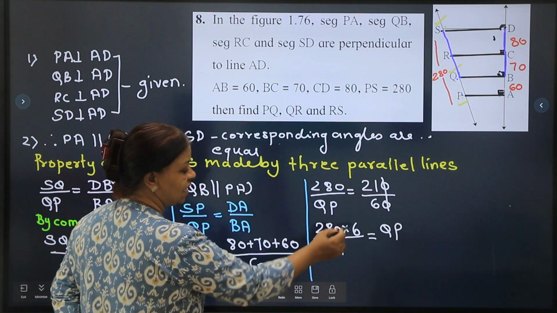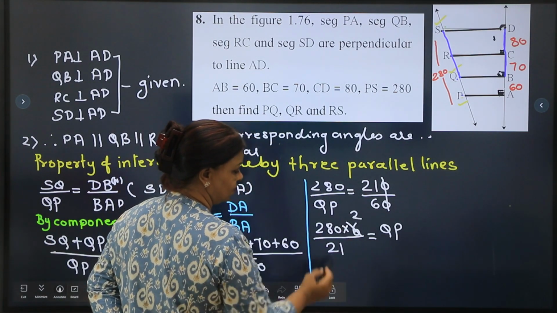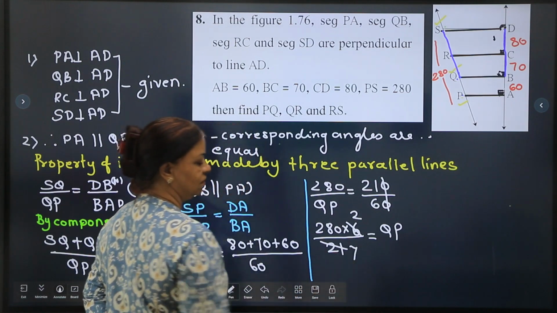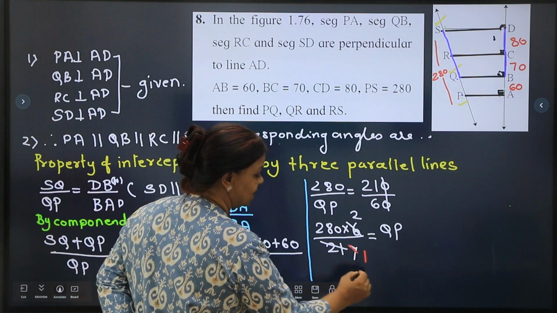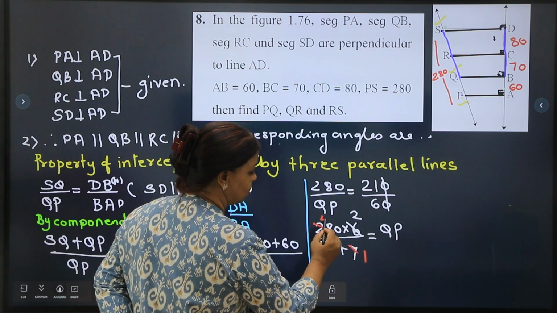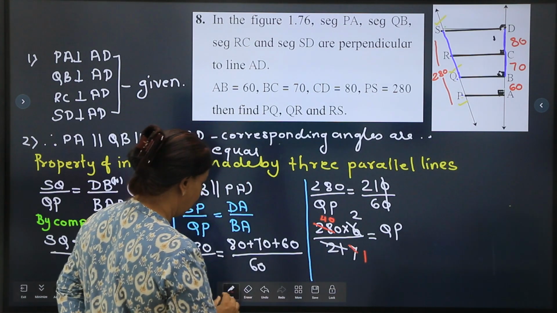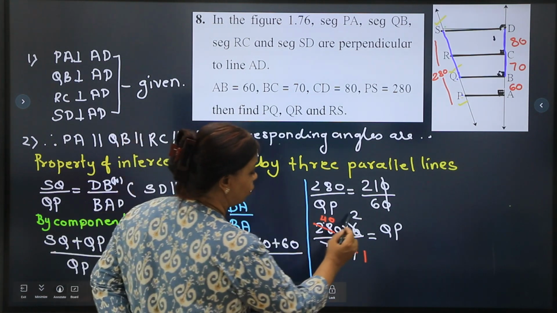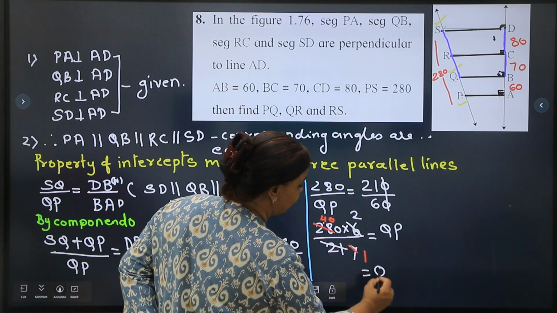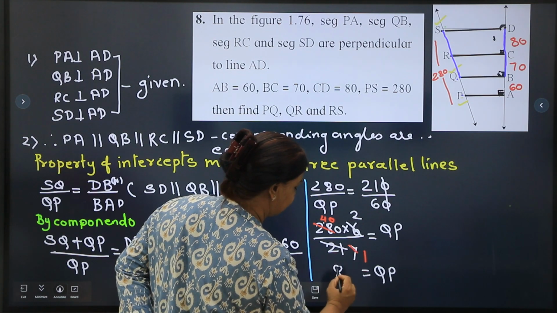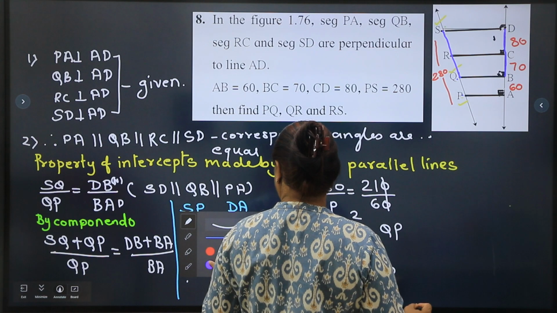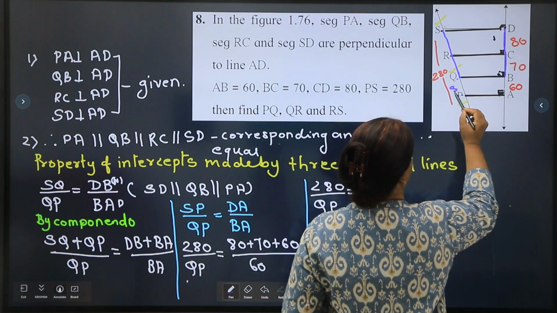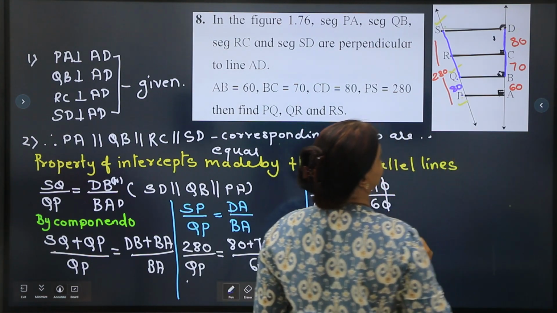Then 3 2s are 6, 3 7s are 21. Now 7 1s are 7, 4s are 28, which will be 40 here. And that will be 40 2s are 80. So QP you will get 80. We got QP as 80.